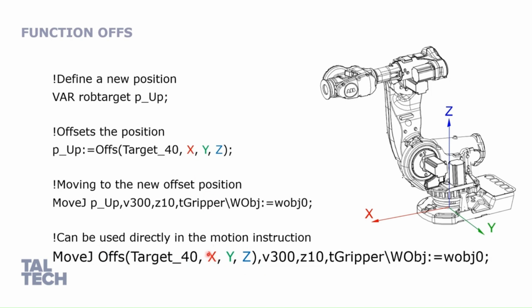But also here we say which direction we will move it or shift the position. So we have this X direction, Y direction, and Z axis direction. And in our case, again, we need to use Z axis direction. And we will try to implement this offset function now on the green box.